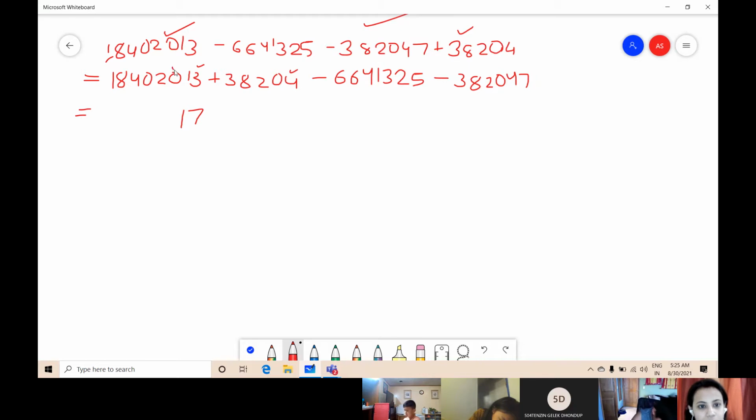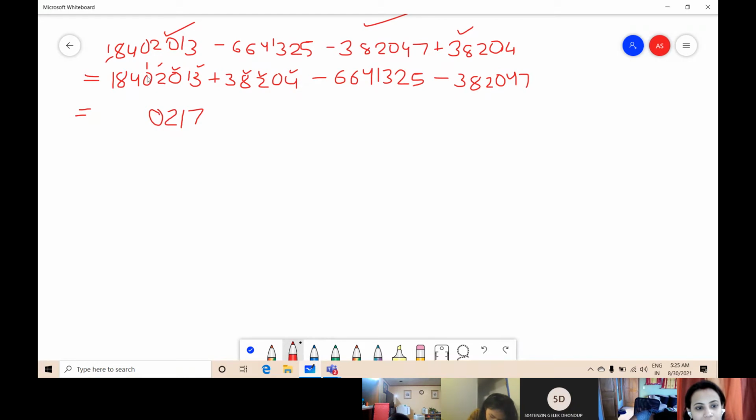Now 0 plus 2 will be 2. Now 2 plus 8 is 10. So we will write 0 here and take 1 carry to the next number.